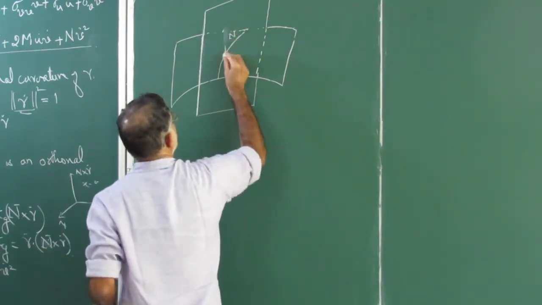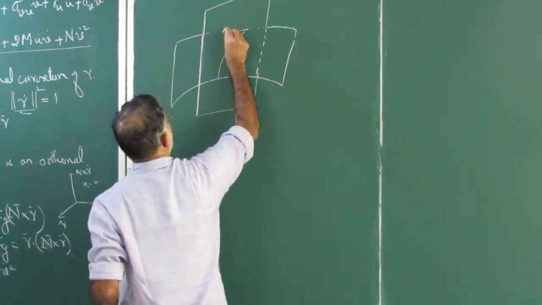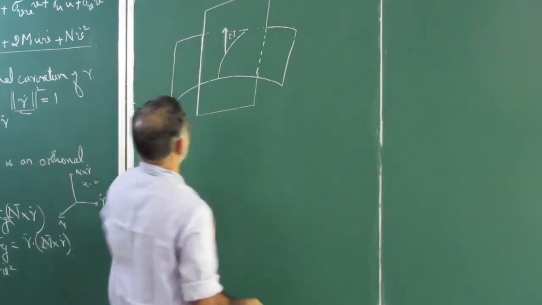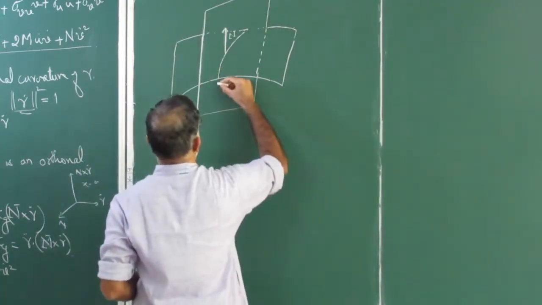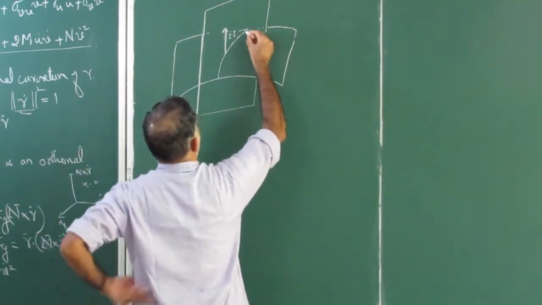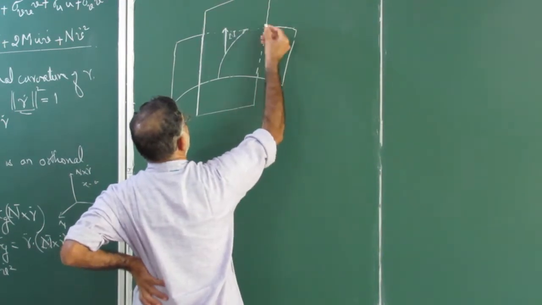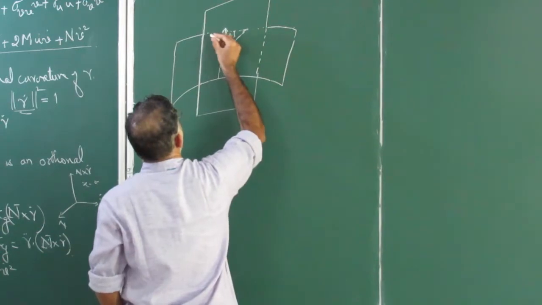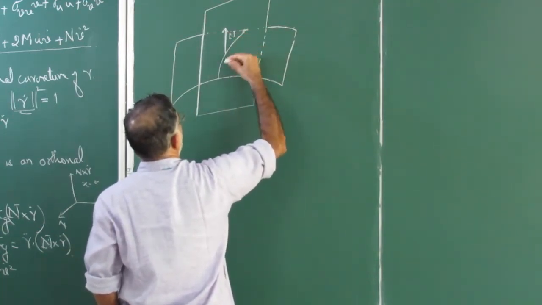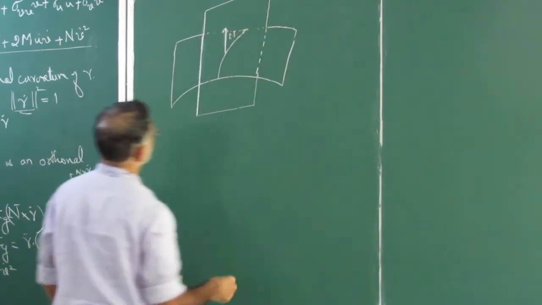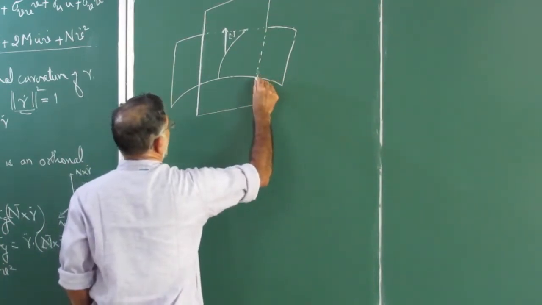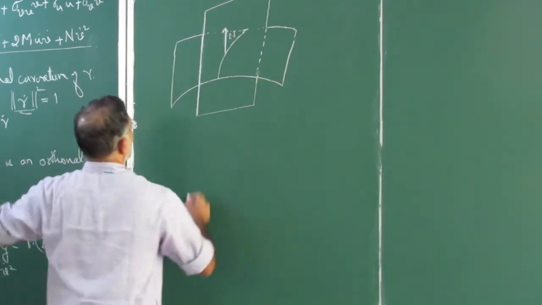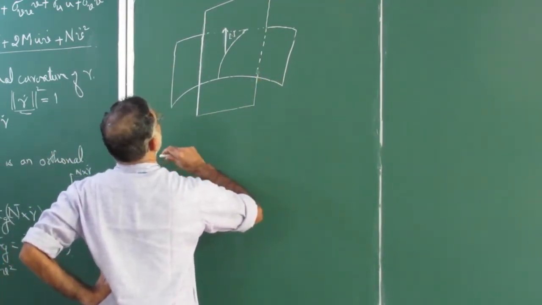And the condition is that this normal vector here will be on this plane, and the plane intersects the surface at this point. Okay, so that's how it is. I don't know the better way of drawing a picture.